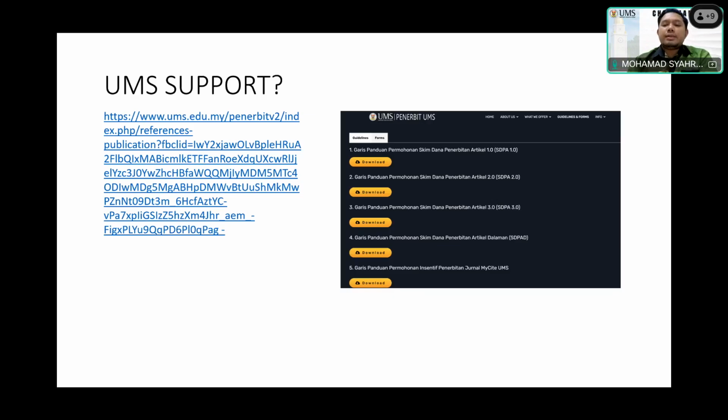And of course, UMS also has incentives for those who successfully publish their paper. Yes, there are some incentives provided by the UMS Press.